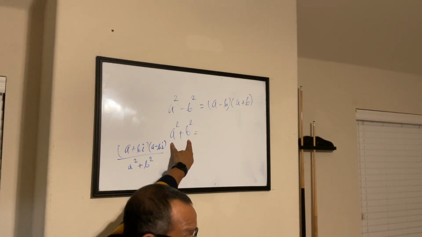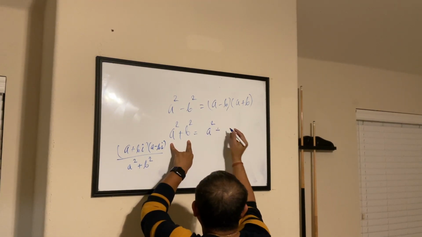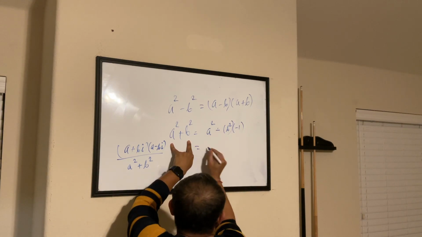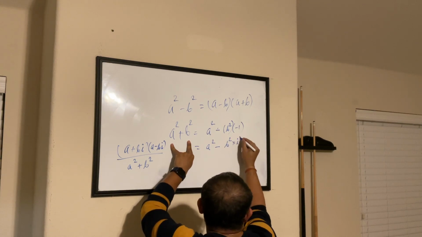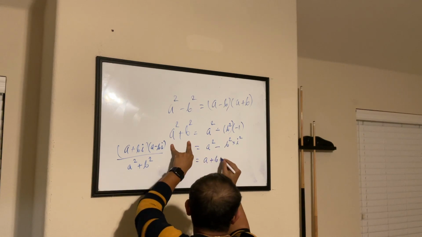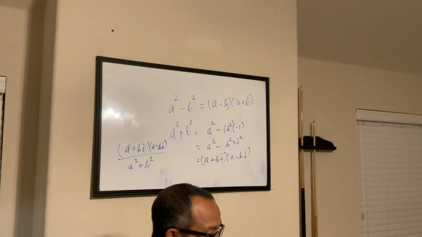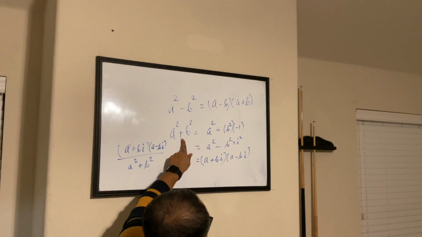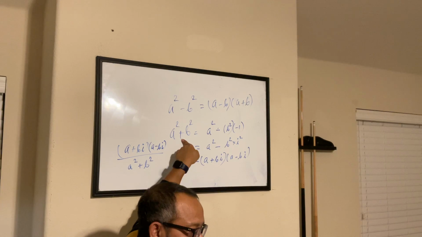So this I can always break down and say a square minus b square into minus 1, and this is nothing but a square minus b square into i square. So it became a plus bi into a minus bi. So with all that drama and circus we have been doing for the last 15-20 minutes, we could find a way how we can factorize a sum of squares also.